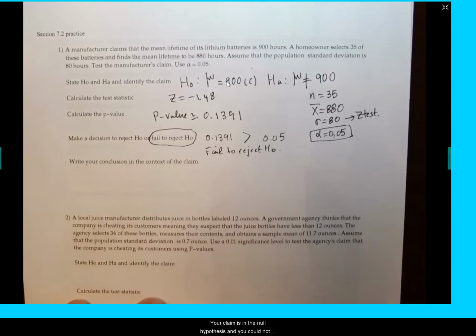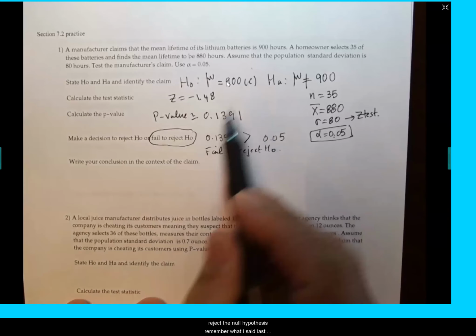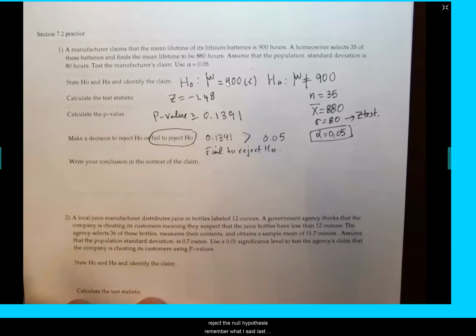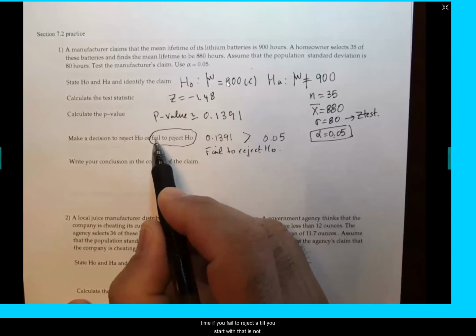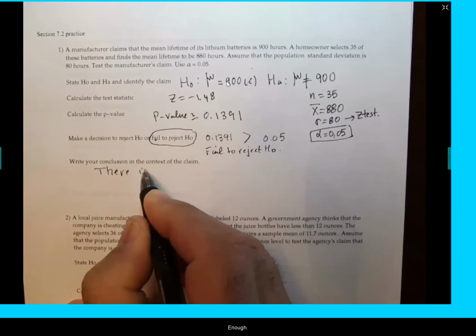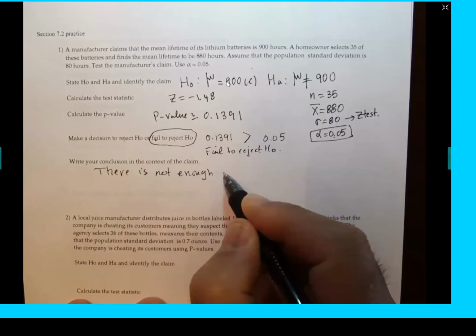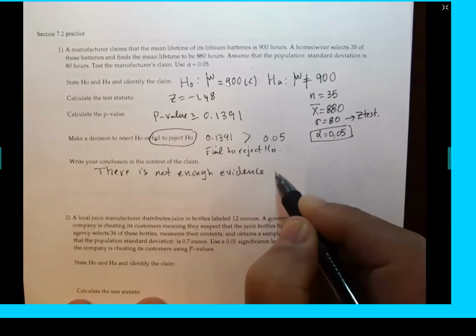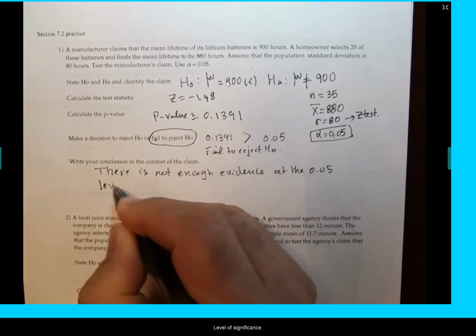Your claim is in the null hypothesis, and you could not reject the null hypothesis. Remember what I said last time. If you fail to reject H0, you start with there is not enough evidence at the 0.05 level of significance.